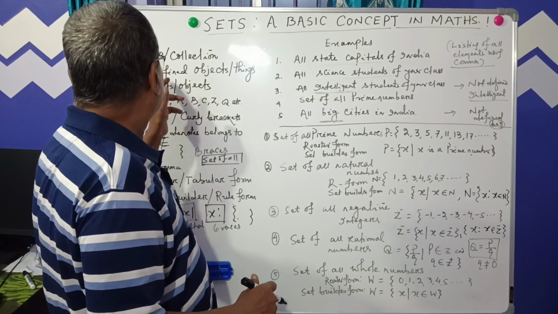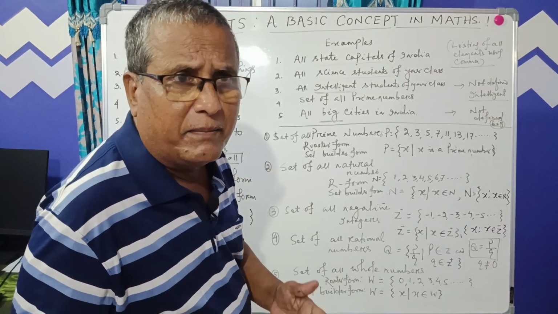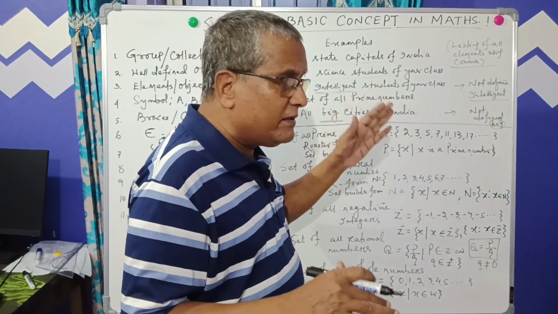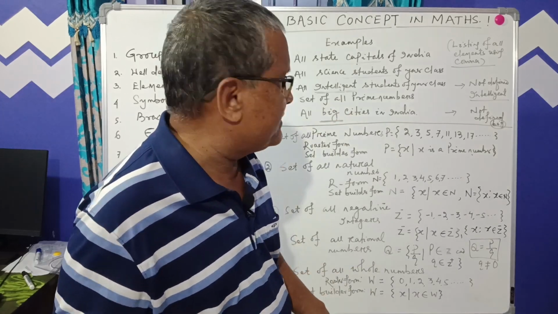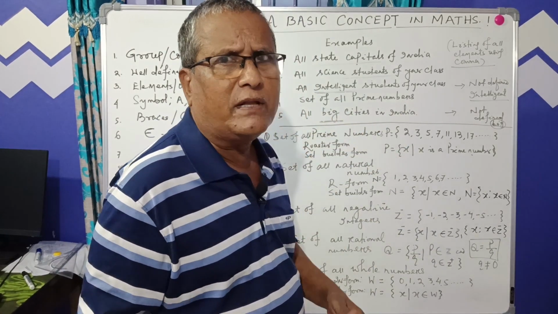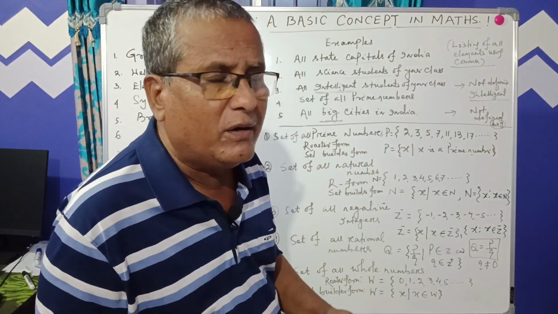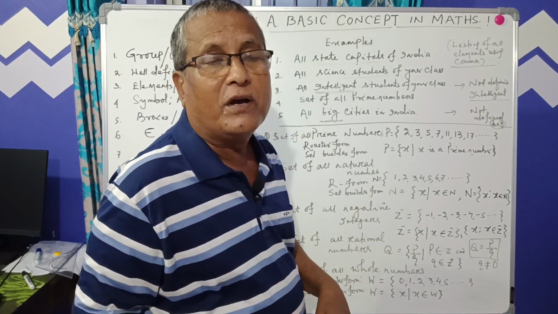So elements or objects should be well defined, meaning as per the criteria or principle given in the statement, we can identify the elements or objects. Take all big cities in India. There are many cities in India, but which one is big, which one is small or medium or a metropolis?